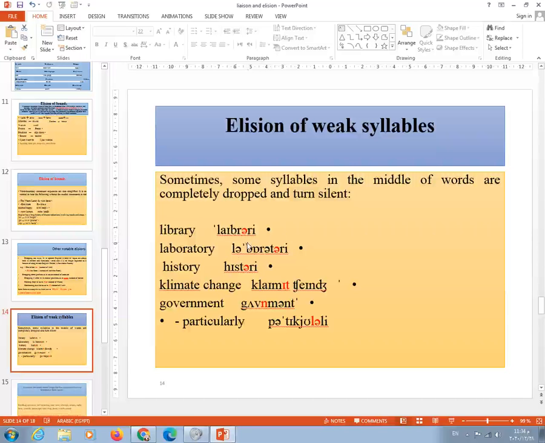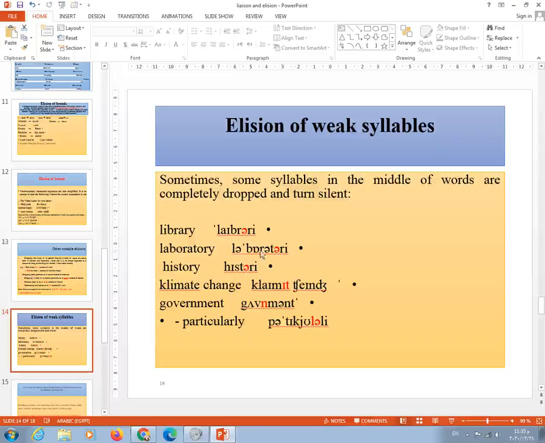Same thing. Okay, laboratory. How many syllables? 1, 2, 3, 4, 5. You count the number of vowels to know the number of syllables. So here we have laboratory.